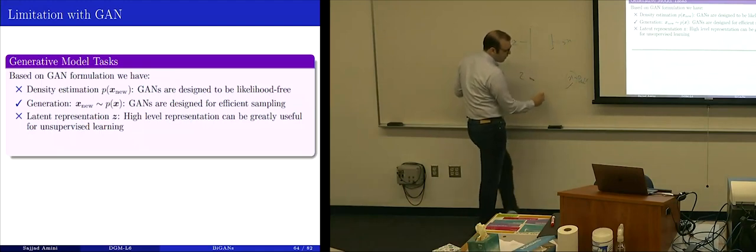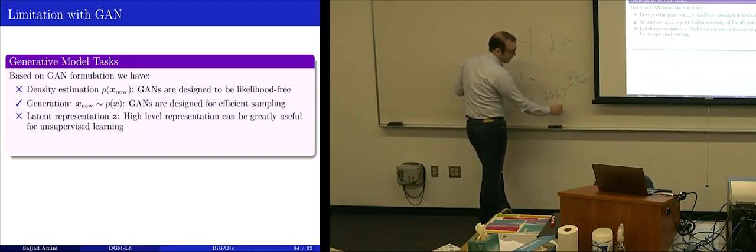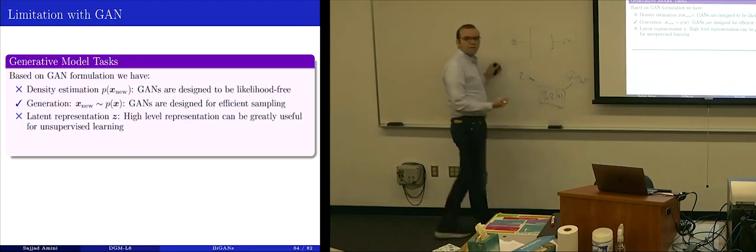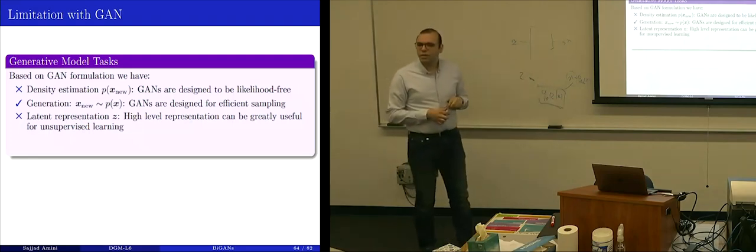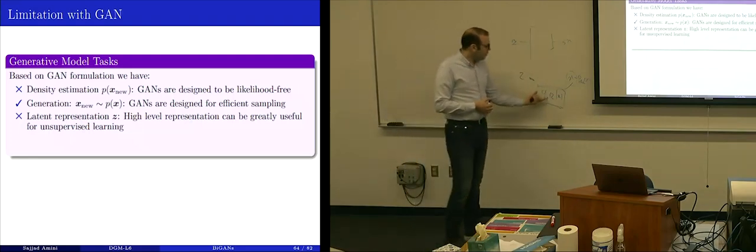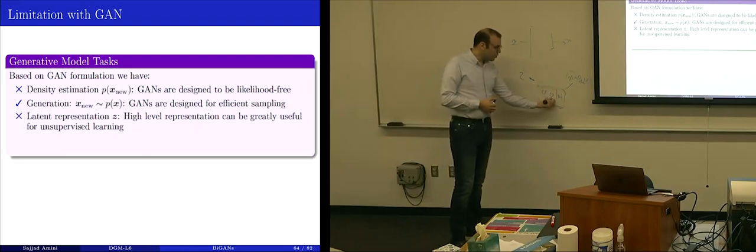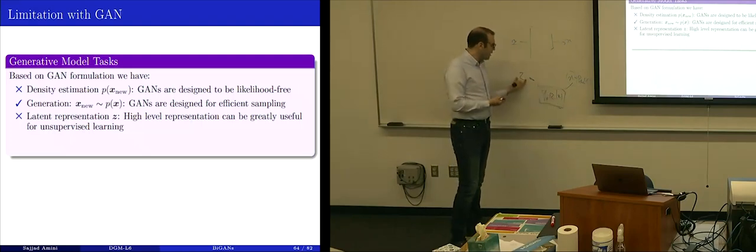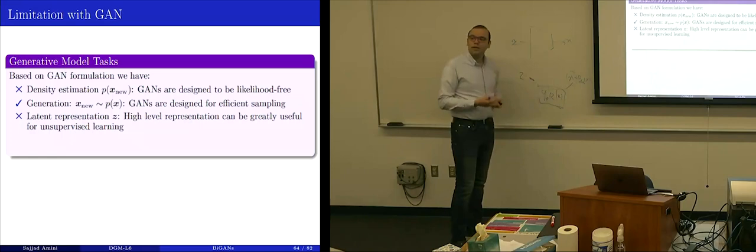Previously, in the case of VAEs, we talked about the approximate posterior that we show with q phi of z given x. And this was a great representation because we can talk about attribute vectors here. But in the original GAN, we do not have any method to calculate the distribution over z or calculate z in a deterministic way.